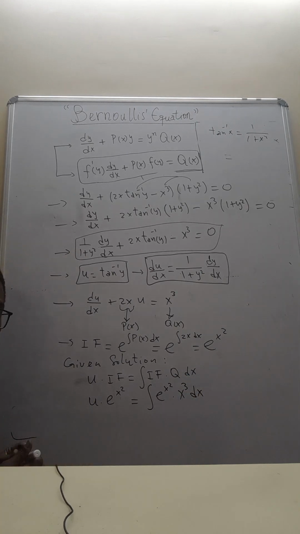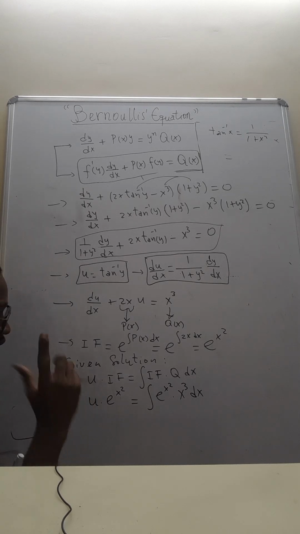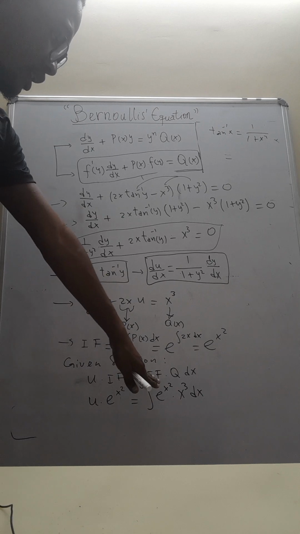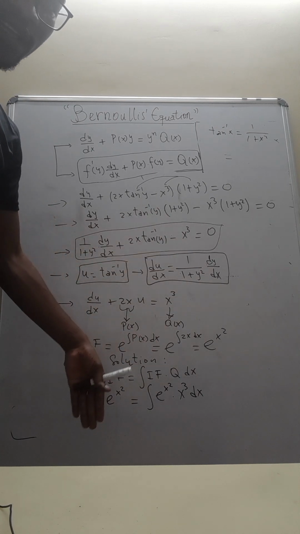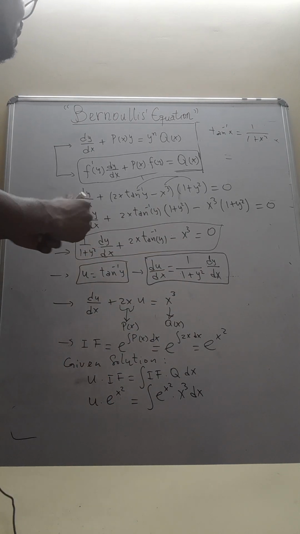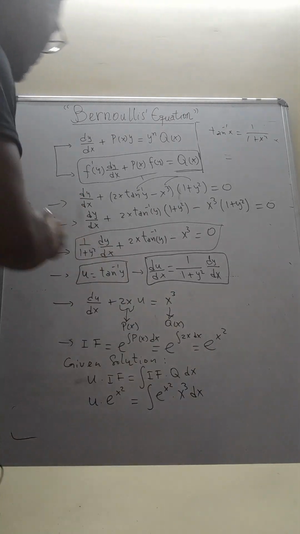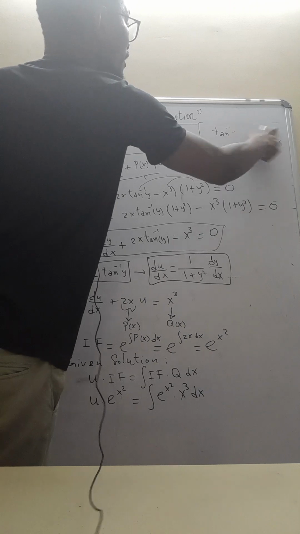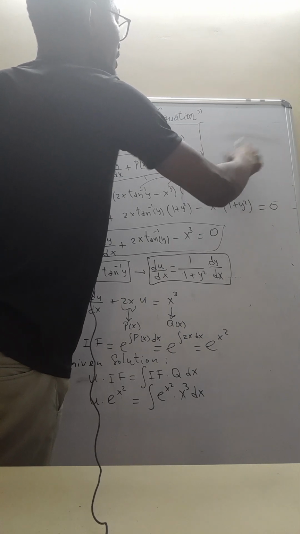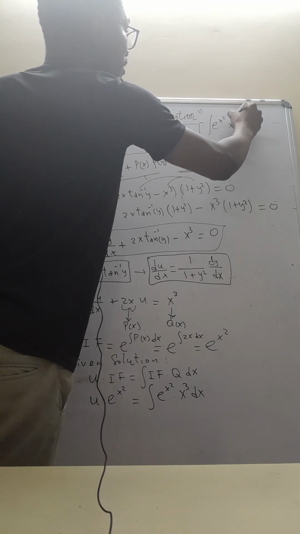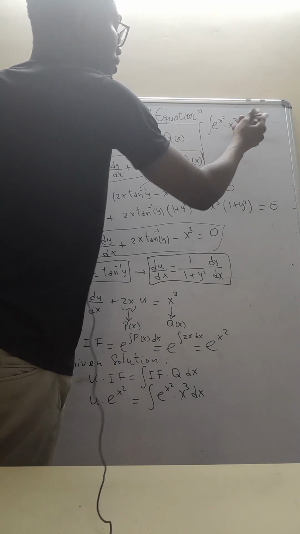If you see this expression, it is the same expression that we got last time. If you remember that integration, do the same process: e to the x squared times x cubed dx. How to solve this one?